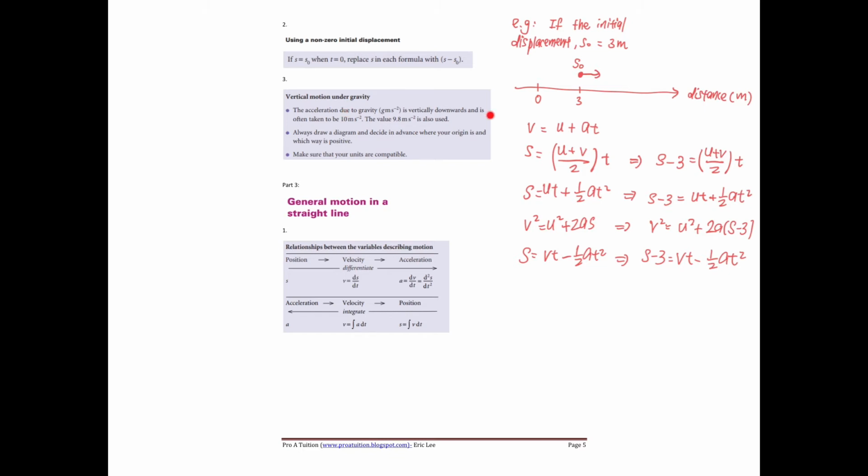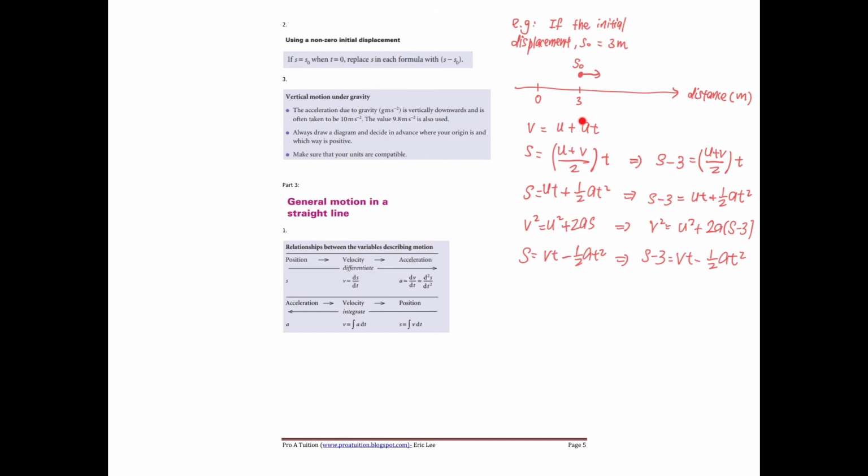So the 10 is replaced here as the A. So the acceleration is 10 now. Always draw a diagram and decide in advance where your origin is and which way is positive. So that means if you use A as 10, that is a condition.